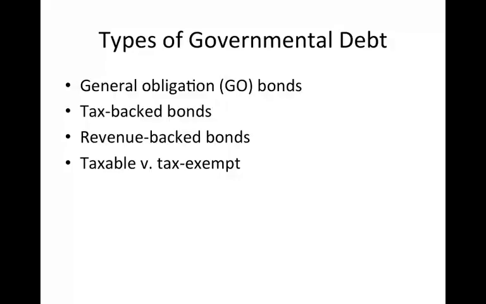Under IRS rules, governments can't sell tax-exempt debt to do that, because essentially what they're doing is engaging in arbitrage, meaning they're counting on the fact that the return on those invested proceeds from the sale of the bonds will be a higher percentage than the interest rate on the debt.